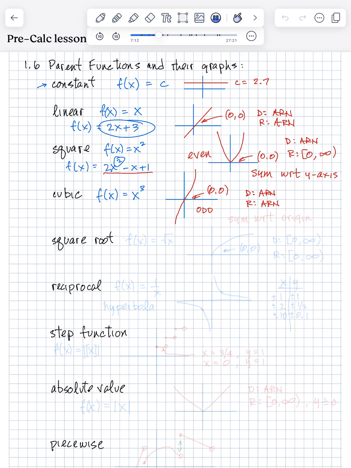And that's because if you take the function and rotate it about the origin, if you rotate it 180 degrees about the origin, you end up with the same looking graph. And so this means this is an odd function. And odd functions, we say, are symmetric with respect to the origin.